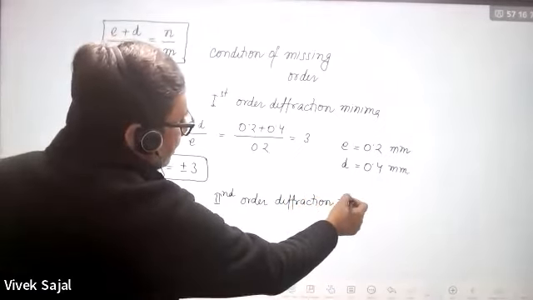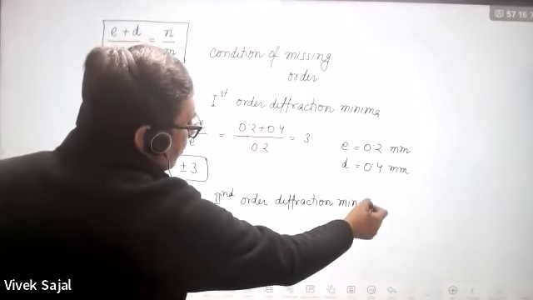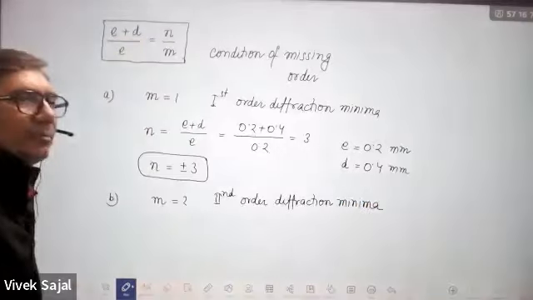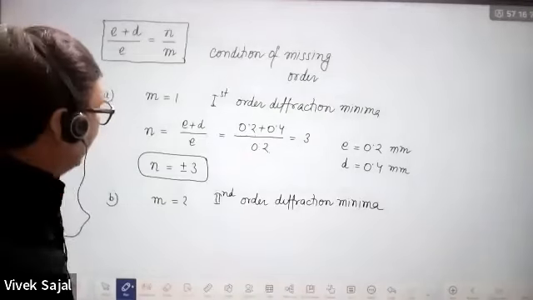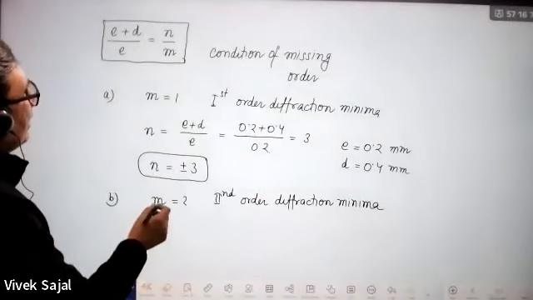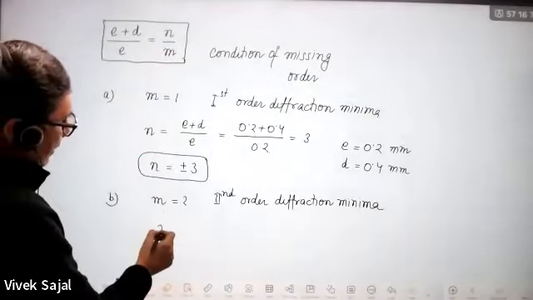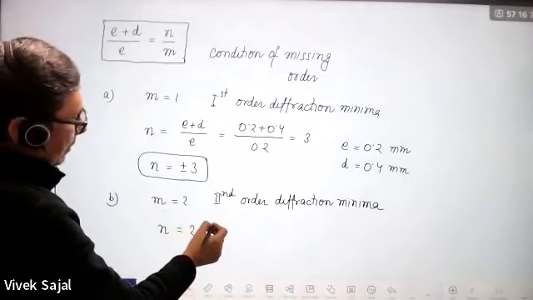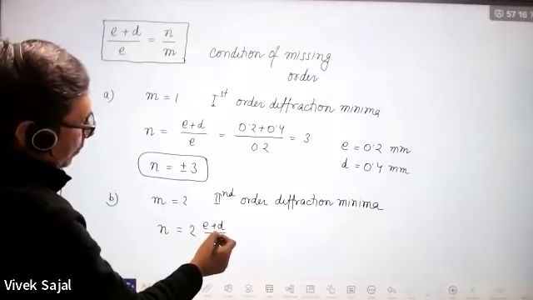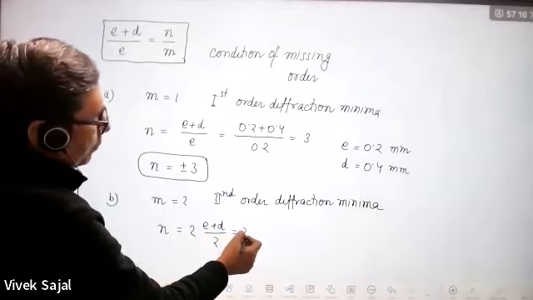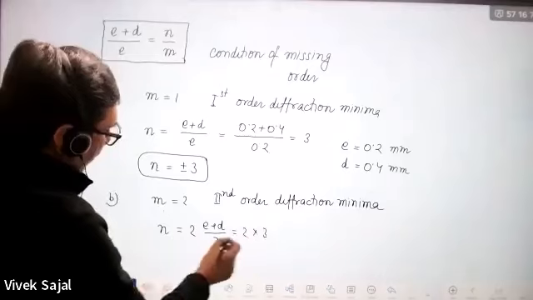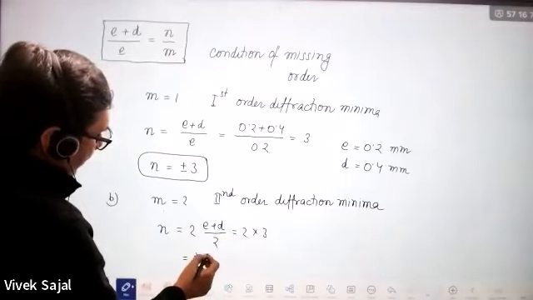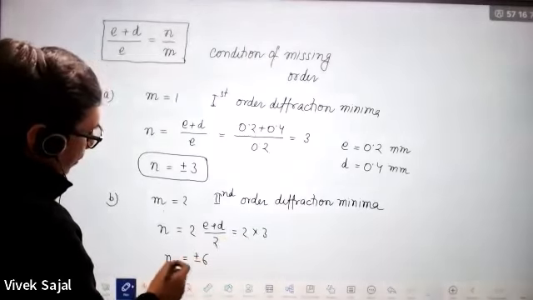In the direction of second order diffraction minima, whatever interference maxima will fall will be absent. So here if you write m equal to 2, then this n will be 2 times (e + d) by e. So this will be 2 into 3, which is 6, plus minus 6. So this is another missing order.